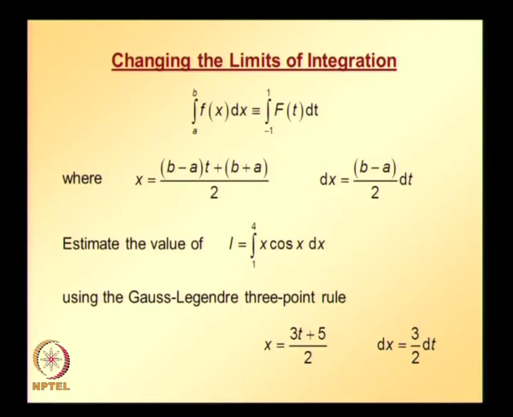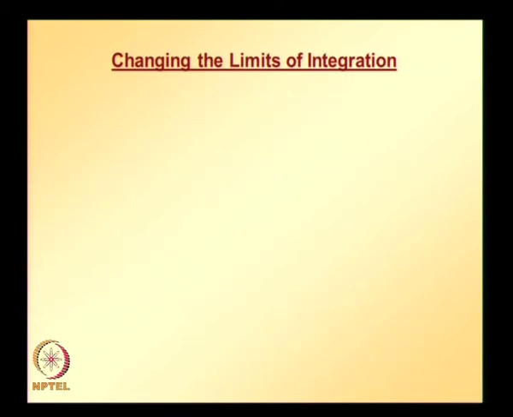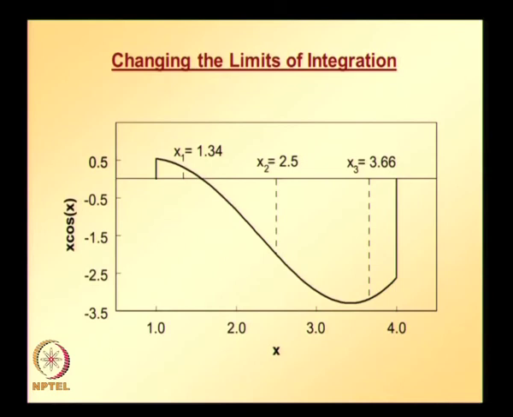So, when we make this substitution of x in terms of t and dx in terms of dt, this integral, that is the integral 1 to 4 x cos x dx, becomes... The x cos x is plotted here as a function of x, and the locations of the integration points are shown in this figure.